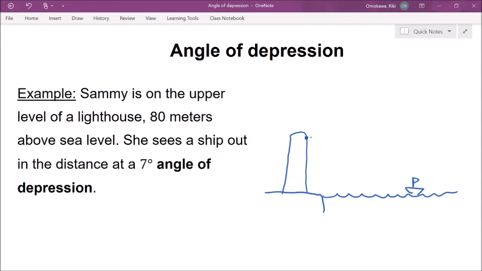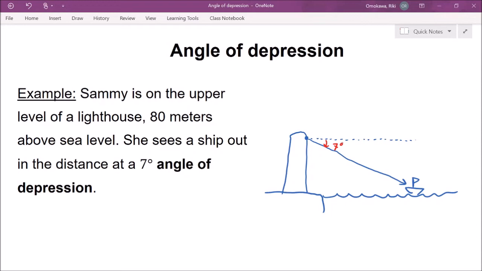If she was looking straight out, then the horizontal would be here. But then she's looking down at the ship. And the angle of depression of 7 degrees: she's looking out along the horizontal and then down. So this angle right here is 7 degrees. That's the angle of depression.